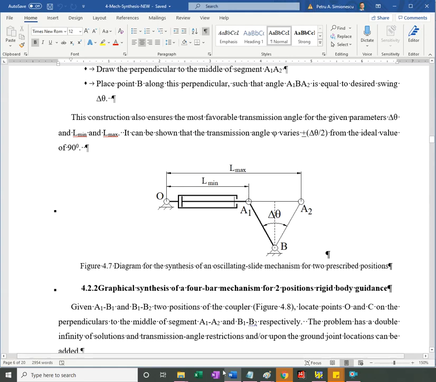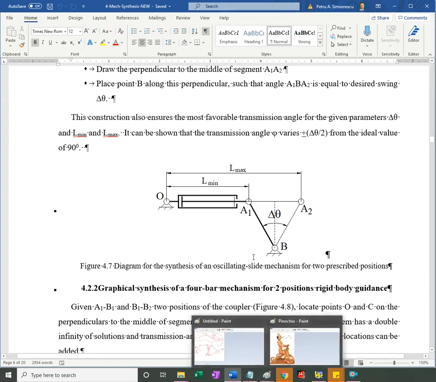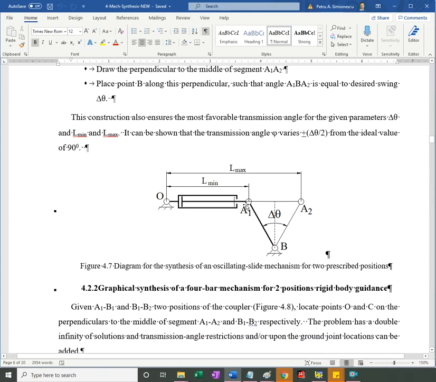Okay, so you get this angle with the vertex at B. You connect A1 and A2, find the middle, draw the perpendicular from B to the line A1, A2 at the middle, and then extend. Do I need this? I don't think we need this.